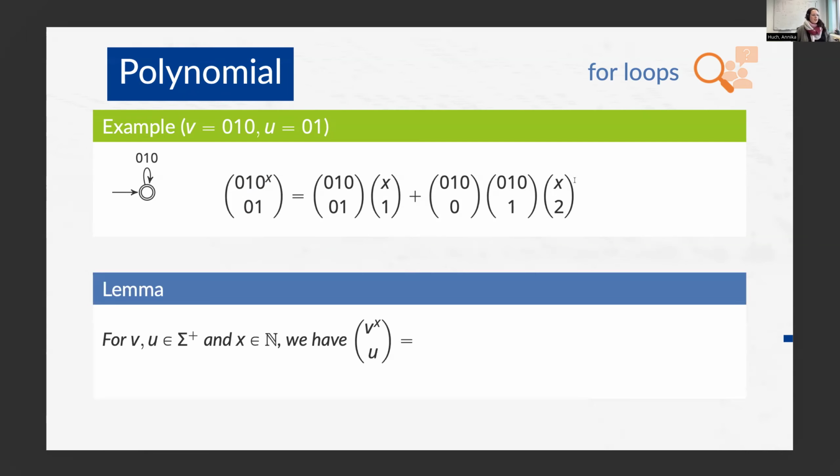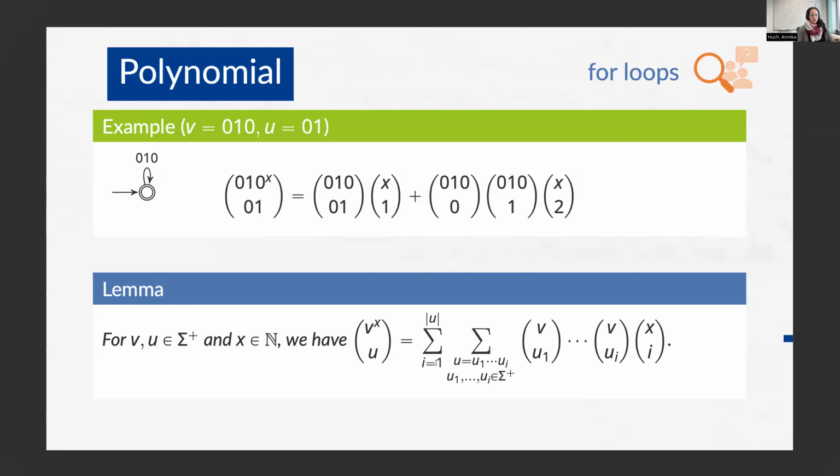So this leads to the first lemma. It's just a generalization of the thing I just showed you in the example. If we have some v to the x over u, we get this thing here, which means we have all possible factorizations of u into 1 to |u| parts.